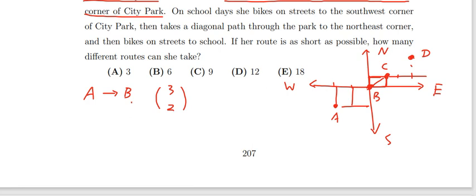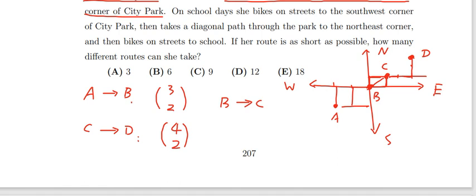Then B to C is only 1 way, right? B to C is just a diagonal. Then C to D is east and north, right? So how many ways? From 4 positions choose 2 for east, then the other 2 for north. So from C to D, there are so many ways.